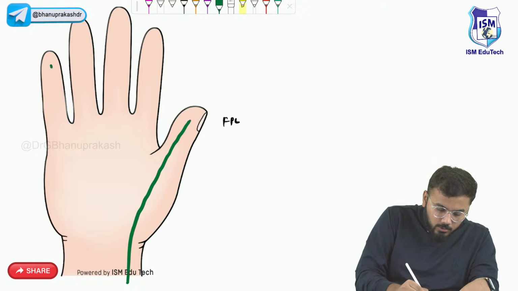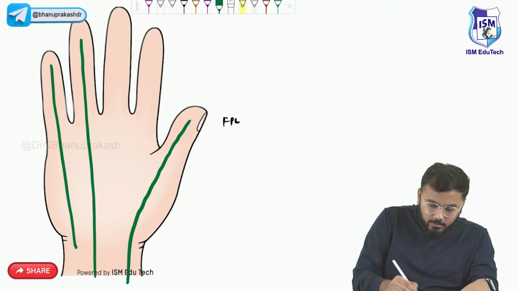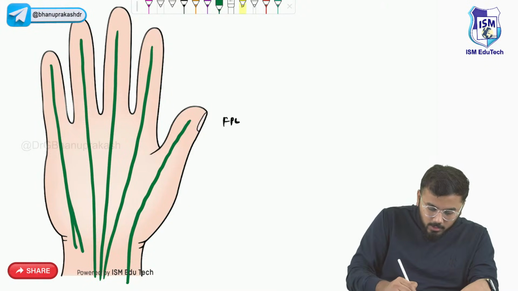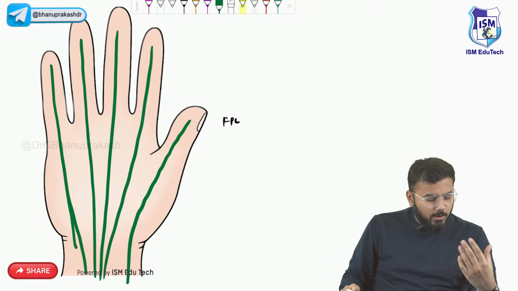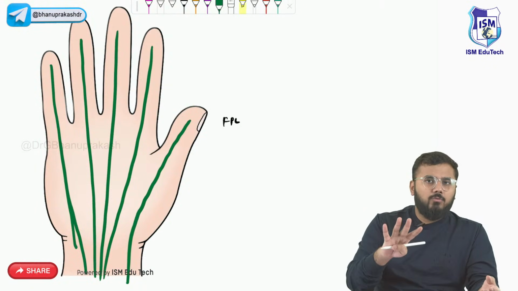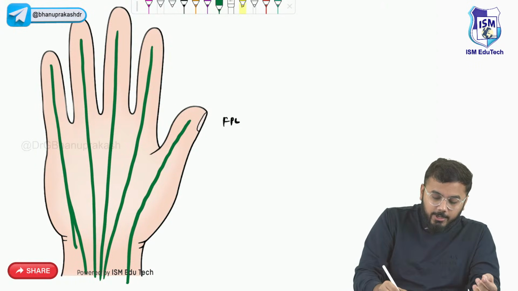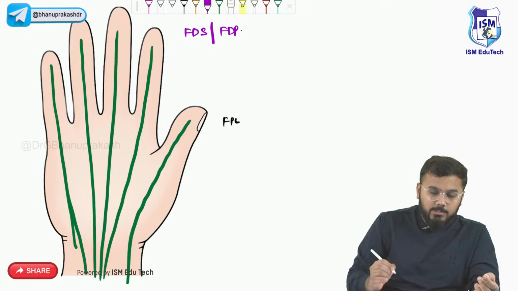So this is one tendon, this is the second tendon, this is the third tendon, and this is the fourth tendon. I cannot draw 8 tendons here, so I have simply drawn 4 tendons, telling you that these are flexor digitorum superficialis and profundus.